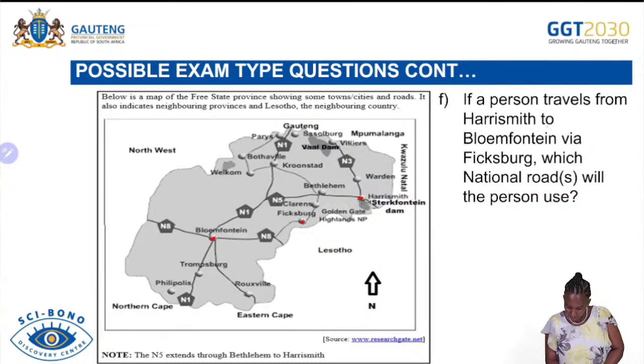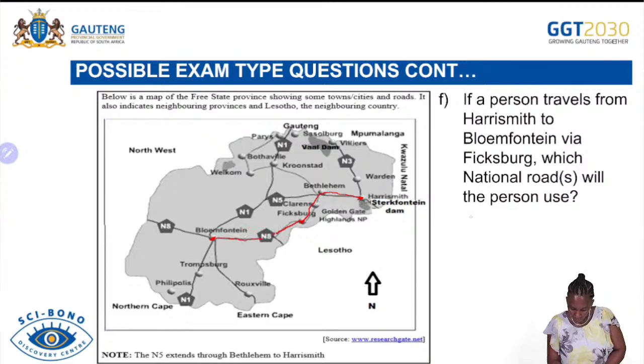So Harrismith to Bloemfontein via Ficksburg. So that means they'll be using this route. And then, which national roads will the person use? So it means this person comes here. They are traveling here. And then they come here, they join, and then they go to.